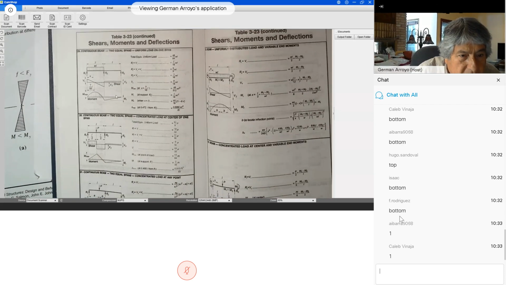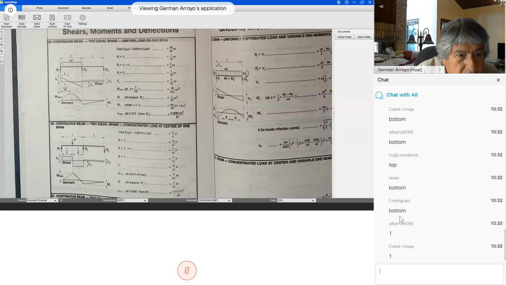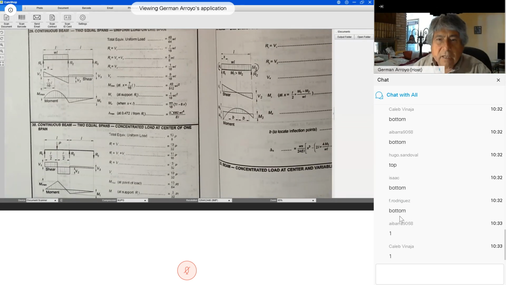If you look, this is an indeterminate structure. Two spans with this load, it gives you the shear, it gives you the moment, it gives you the location of the maximum moment, it gives you the deflection. So this is going to be a very useful table for this chapter.